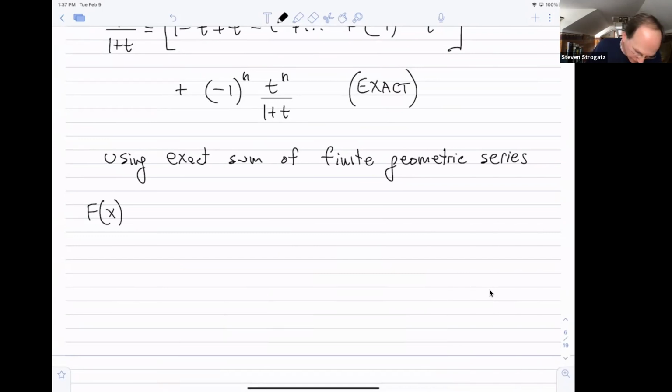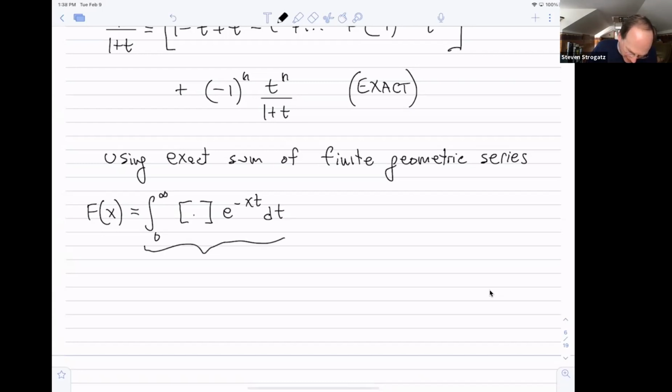So our f of x is now going to be the integral from 0 to infinity of all the stuff that was in the square bracket, which we had treated very formally earlier, times e to the minus xt dt. And then plus, so this is just going to give us what we earlier called Sn of x, the nth partial sum.